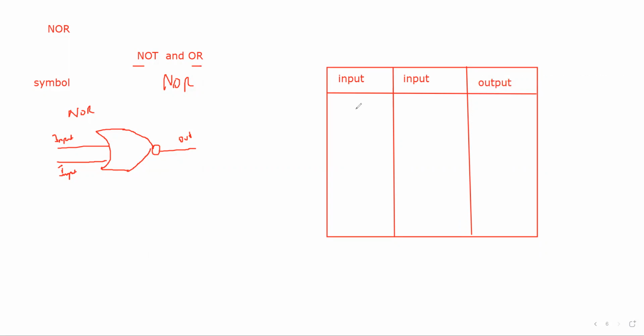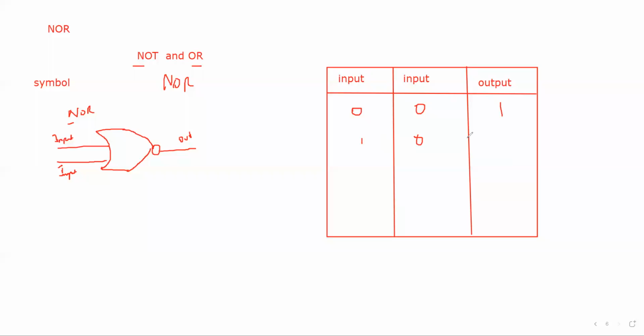So example 0, 0. What was the output of the OR gate? If there was an OR gate, it means by addition we get the result. So output of OR was 0, but because it is a NOR, it will invert that. So what will it make? It will make 1. 1, 0. What will be the output?